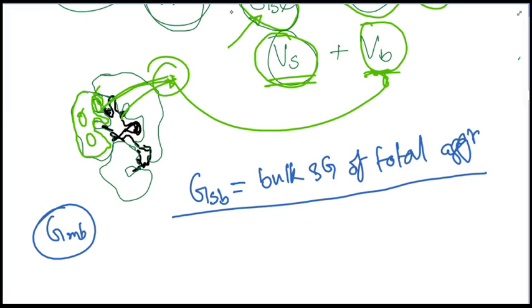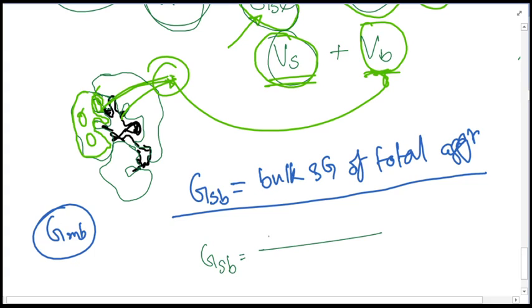That's why, while using GSB, we use the formula for the aggregates only, ignoring the bitumen. If I write down the formula for GSB, it involves P1, P2 and P3, the three types of aggregates used.